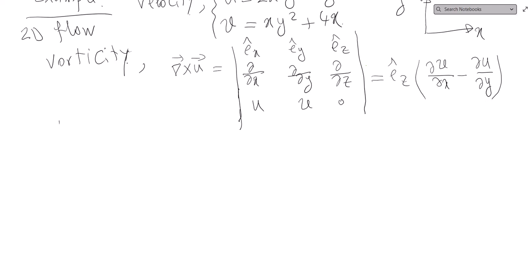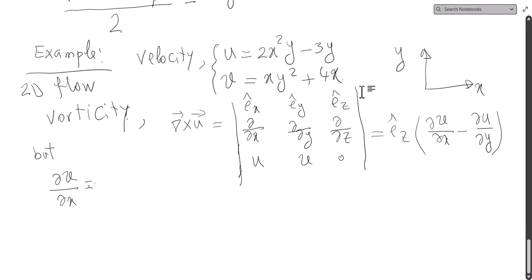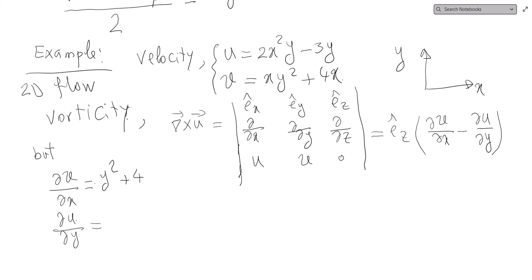Okay, let's calculate dv dx. It is the partial derivative of the y component of the velocity with respect to x, which becomes y squared plus 4. And du dy, the partial derivative of the u component with respect to y, is 2x squared minus 3.